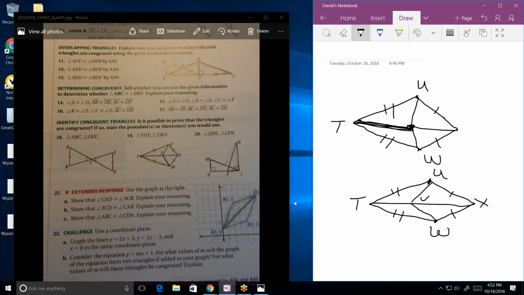In other words, if you look at the outside triangles without those inner lines, it's clear that TUX is congruent to TWX. How do we prove that angle TVU is the same as angle TVW? Hold on, I'm sure there's a way. I'm just trying to think of it, what it is.